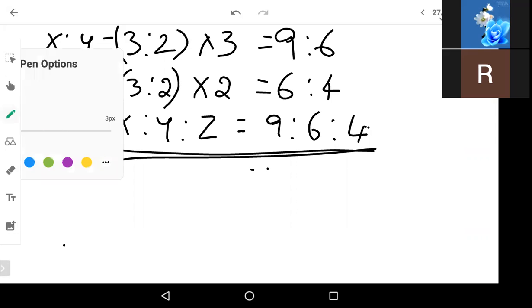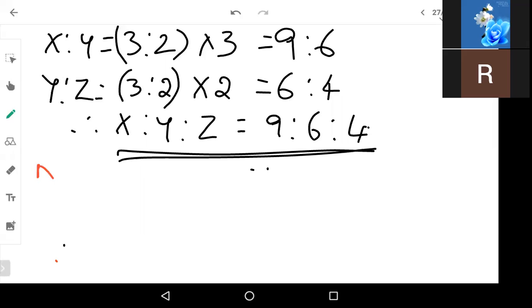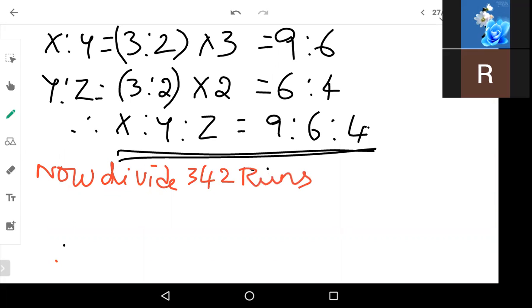Correct? So after this, now divide 342 runs. This is the total number of runs they have scored. Now divide this in the ratio of 9 is to 6 is to 4. Did you all understand?